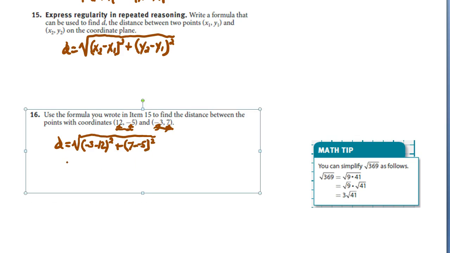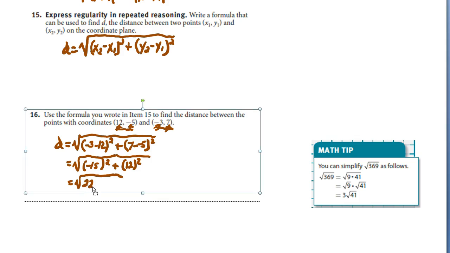Okay, let's work on this a little bit more. We have this large square root symbol. Inside the first set of parentheses, -3 subtract 12 is -15, squared, plus, in the other parentheses, we have 7 minus -5. That turns out to be 12 squared. Let's keep going. Equals, we have this big square root symbol. -15 squared is 225. Remember how we were able to replace absolute values with parentheses because squaring it guaranteed a positive result?